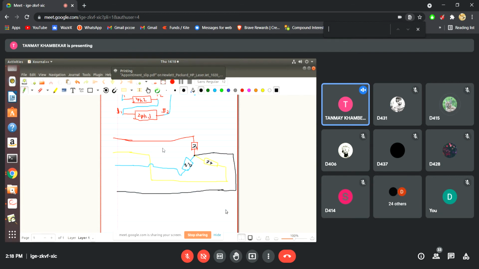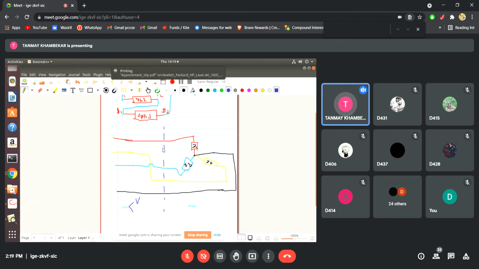Yes, ma'am. Now here there are two sides, the supply side and the load side. The supply side is called the line side, whereas the load side is called the phase side. On both sides we have voltage and current.